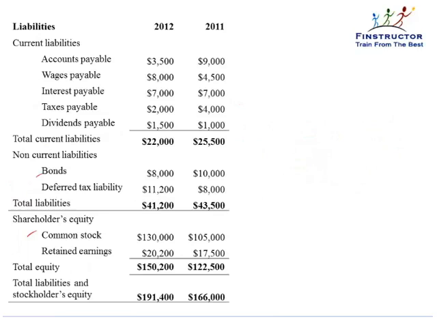And let's see if the liability side of the balance sheet tells me anything new. So here I see that my accounts payable have gone down by $5,500. That is from $9,000. They've come down to $3,500.